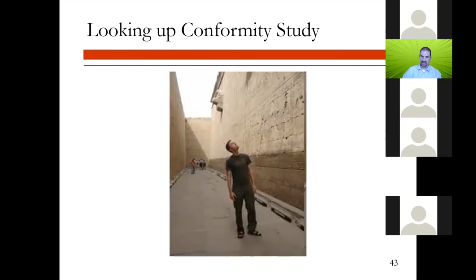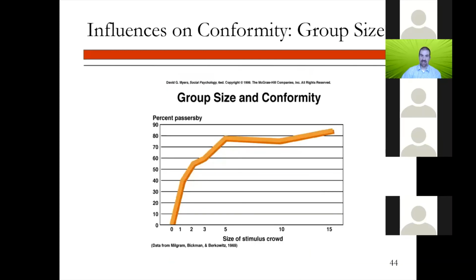What they found in this conformity study is that people are more likely to comply. You see this increasing here as you added more people looking up, more Confederates in that group, but it eventually leveled out at about 5 people. Once you get to about 5 people, the impact of any individual starts to weaken.